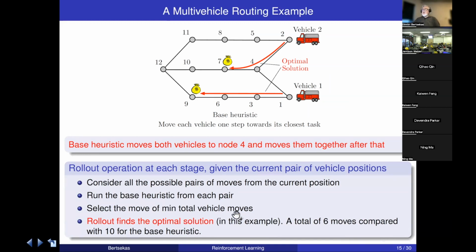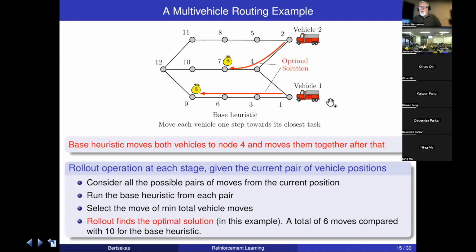So this is an example of cost improvement. And we're going to try to establish this property more rigorously. But also, it's an example of an important type of problem where simplifications are possible. It's a multi-agent problem. It involves 2 agents in this particular case, more agents in the more general case.